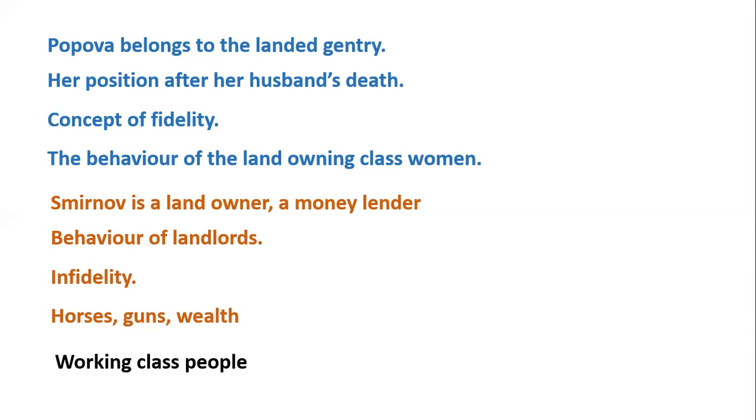His period helped him a lot to bring out the Russian society from feudalism to capitalism. So I think you have got a clear idea about this. And we will next talk about the characters in our next lesson.